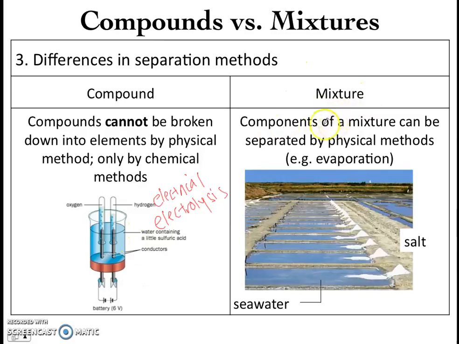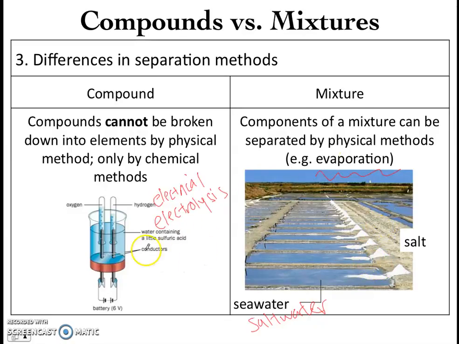Now mixtures, the components of a mixture can be separated by physical methods such as evaporation. Now if I took seawater, which is basically salt water, and I evaporated it, right? I heat it up until a very high temperature and all the water evaporates off, then I would have separated the salt from the water, which is what's happening here, where the salt actually gets separated from the seawater because of evaporation.